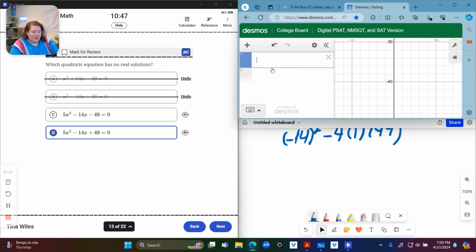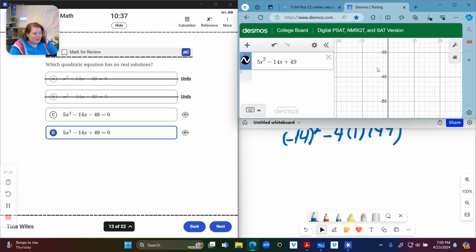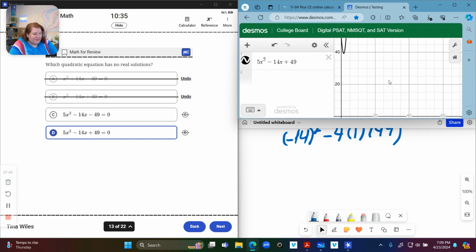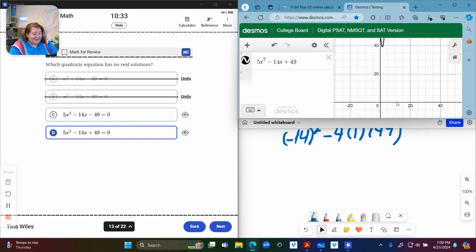But what I wanted to show you is you could actually graph each of these, and if it has no real solutions, what that means is it's not going to touch the x-axis, because what crosses the x-axis would be considered solutions. So this is the only one that doesn't cross the x-axis.